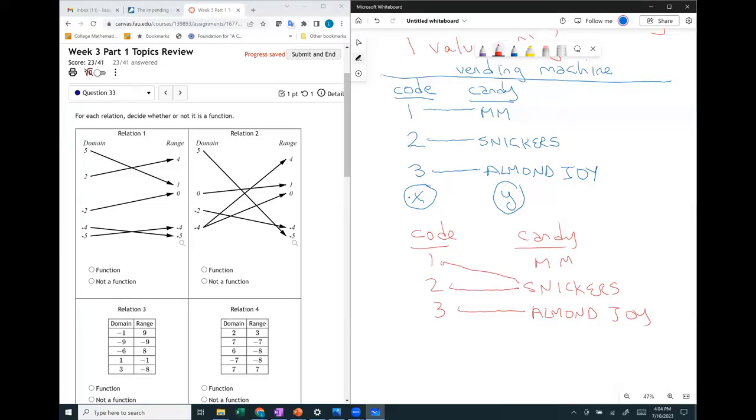So notice, if this is x and this is y, for every x, I'm just getting one y value. I press 1, I get Snickers. I press 2, I get Snickers. I press 3, I get Almond Joy. That's a function. So this is a function. Let's see what's not a function.